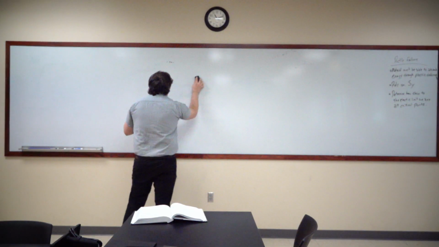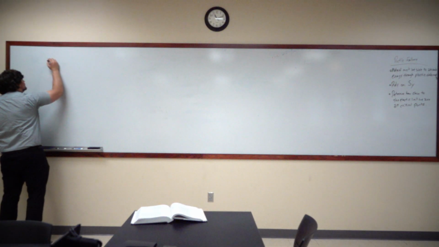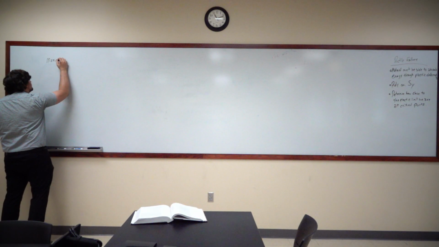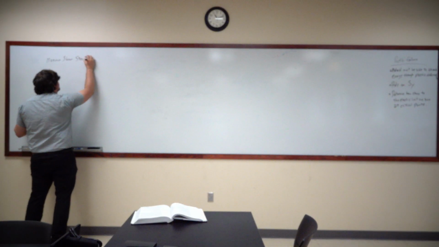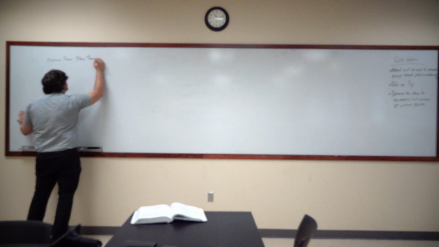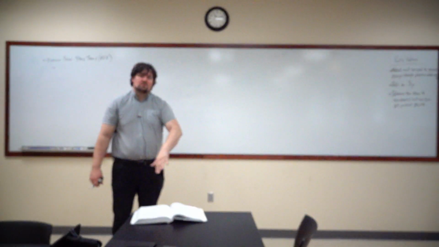So to start out, we've got maximum shear stress theory, which is abbreviated as MSS. Key principle: we've noticed that when something plastically deforms, it usually deforms at 45-degree angles.